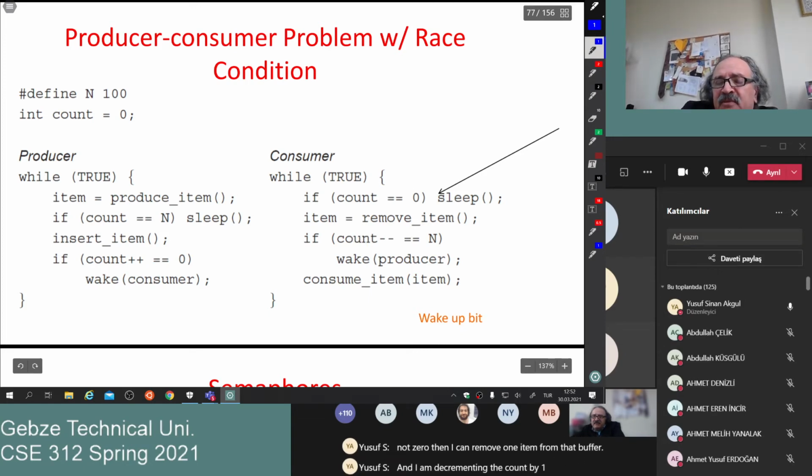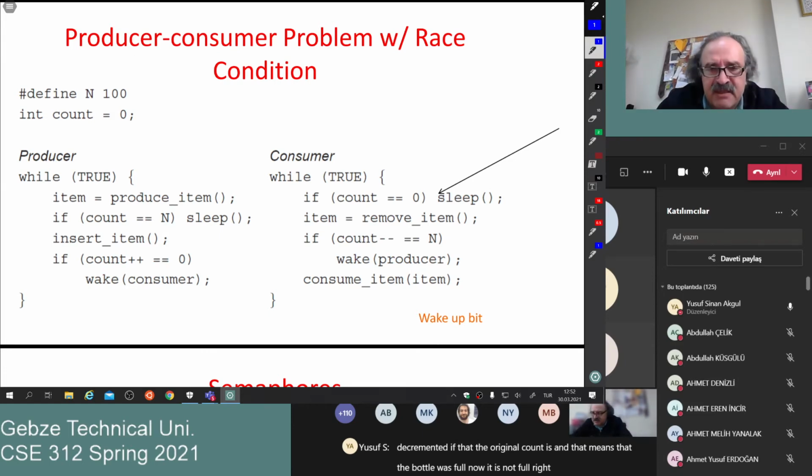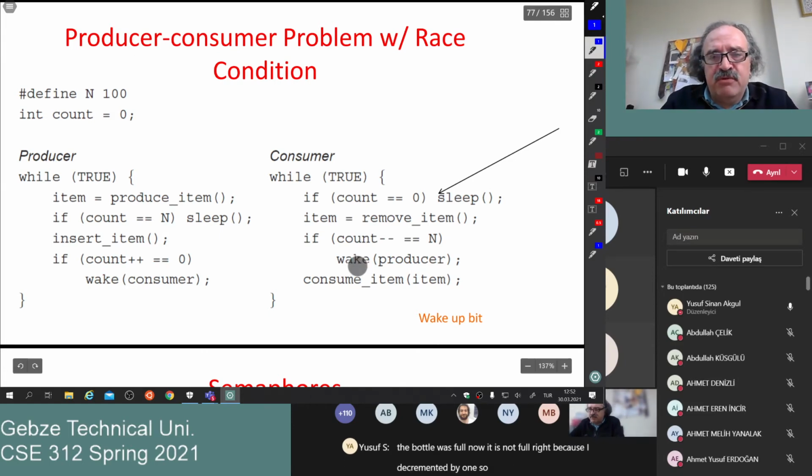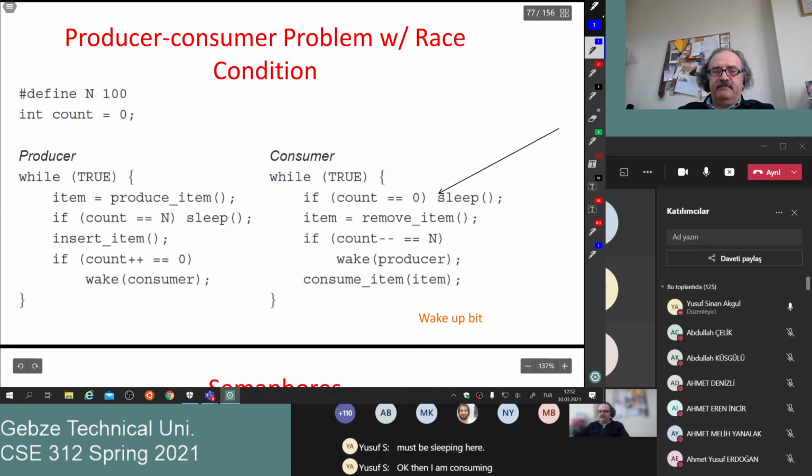But before I decrement it, if the original count is n, that means that the buffer was full. Now it is not full, because I decremented by 1. So I am waking the producer. The producer must be sleeping here. Then I am consuming the item.